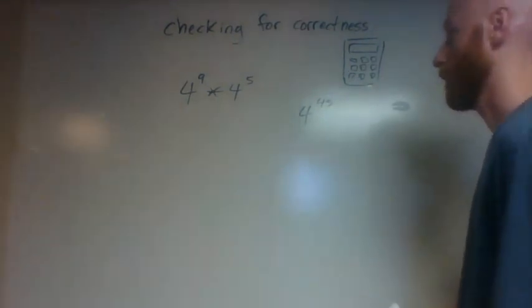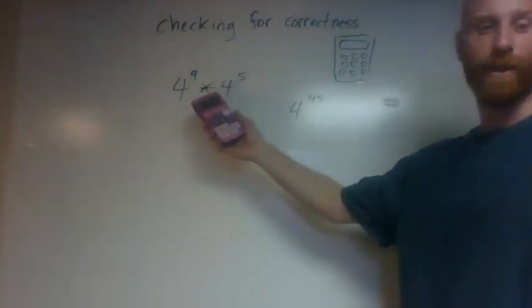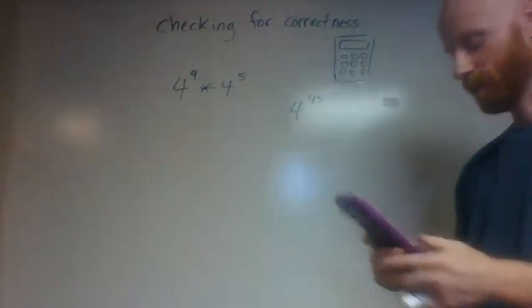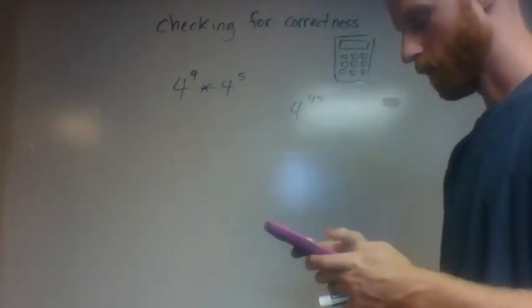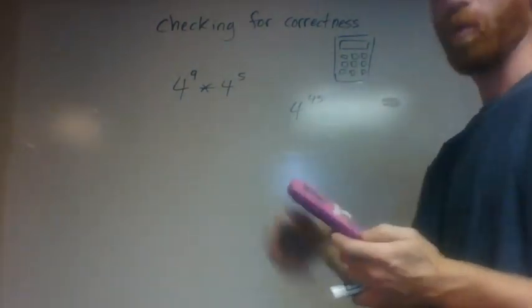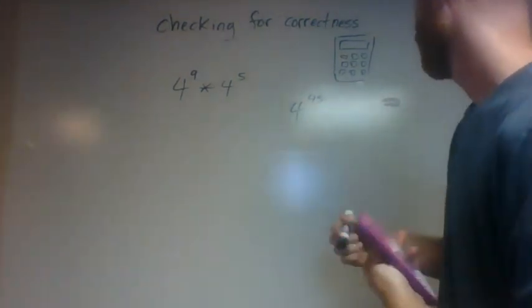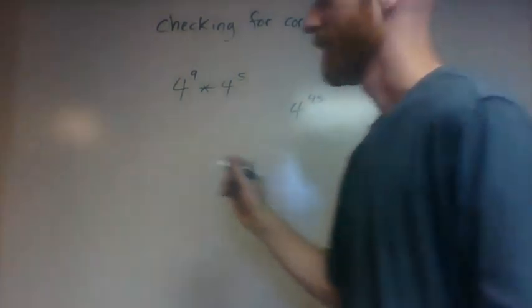How does this work? Let me get a calculator. You type the original into a calculator, right? 4 to the 9th power. Let me tell you this too. Can't believe I have not said it yet.